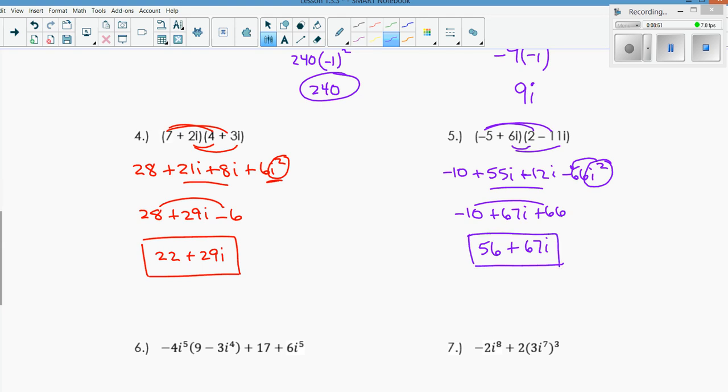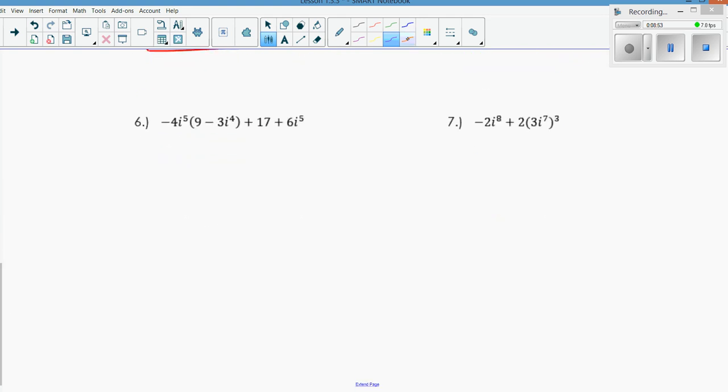Alright, we're moving. Number 6. I have a lot of things going on with this one, but most importantly, I want to notice order of operations. First I need to distribute. That gives me negative 36 i to the 5th. Negative times a negative makes a positive 12. 4 plus 5 is 9.